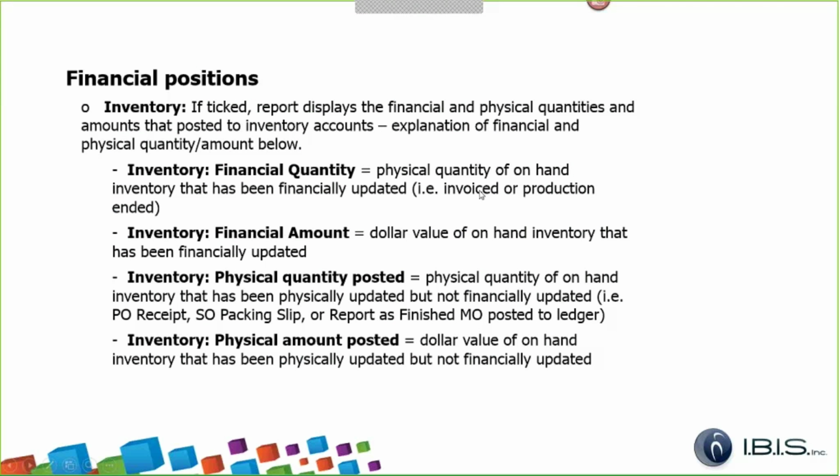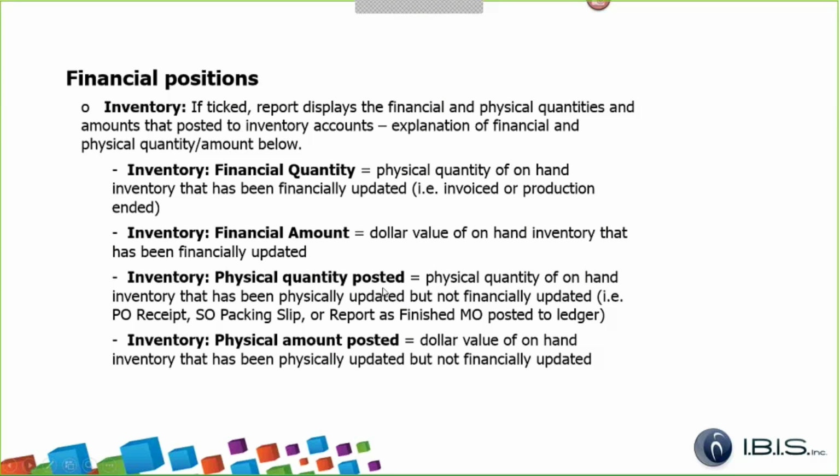It means that transaction has been settled. Or if it's a production order, manufacturing order, production has been ended. That's the quantity. The financial amount is the dollar value of on-hand inventory that's been financially updated, which means it's been invoiced or production has been ended.